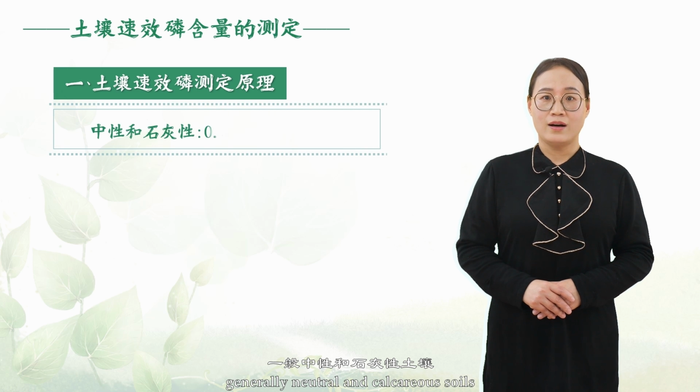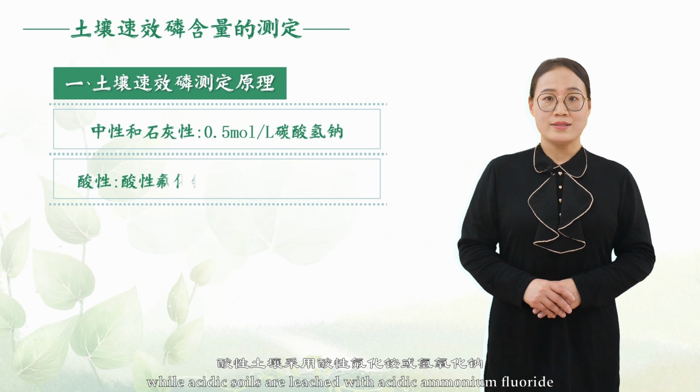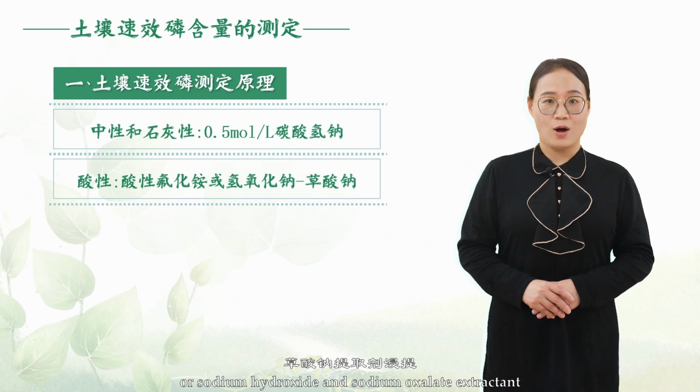Generally, neutral and calcareous soils are leached with sodium bicarbonate extractant, while acidic soils are leached with acidic ammonium fluoride, or sodium hydroxide and sodium oxalate extractant.